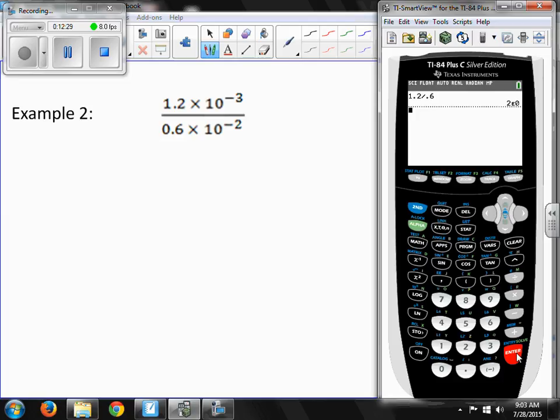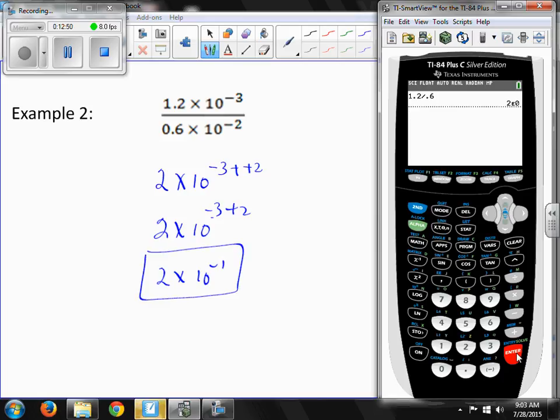So it is 2 times 10, and then I subtract the exponents. Negative 3 minus negative 2 would turn into 2 times 10 to the negative 3 plus 2. These turn into plus, so that I have 2 times 10 to the negative 1. And that is scientific notation. For standard notation, I would take that 2 and move the decimal once to the left, so it would be 0.2.